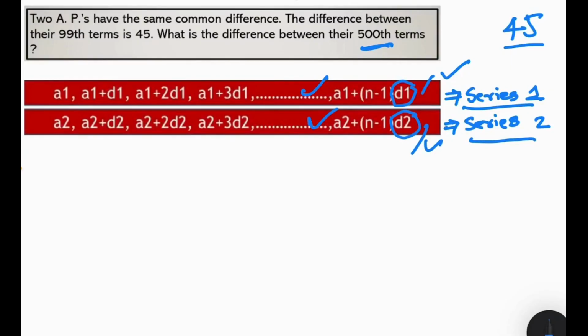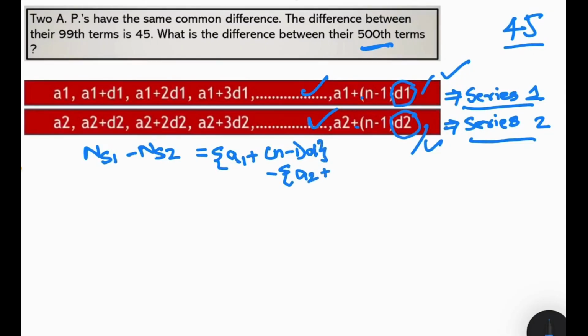तो इसको हम पहले थोड़ा जेनरिक देखते हैं. Instead of looking at the 99th term or the 500th term, let's look at what is the difference between the nth term of series 1 and series 2. Right. So the difference between the nth term of series 1 and the nth term of series 2 is equal to a1 plus n minus 1 multiplied by d1 minus a2 plus n minus 1 multiplied by d2.